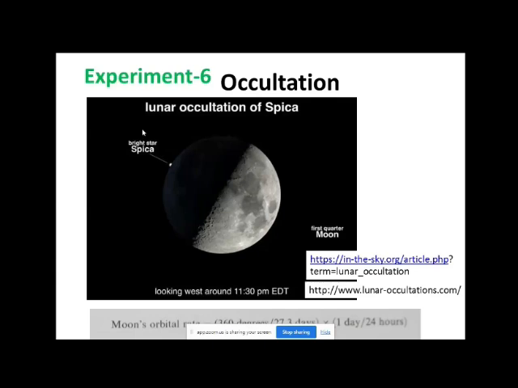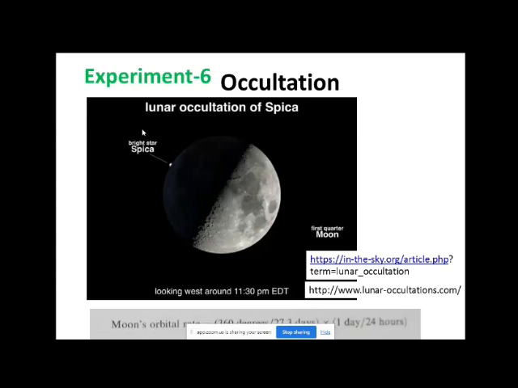This should not be directly opposite, but approximately we can measure the time to travel behind the moon. That is, the moon is moving in front of Spica. Taking this time interval, and knowing the moon's diameter is 0.5 degree, we can find out that it is 0.56 degrees per hour.